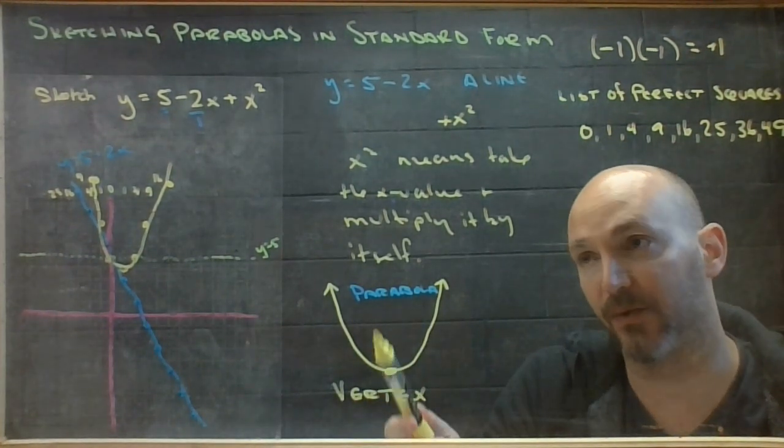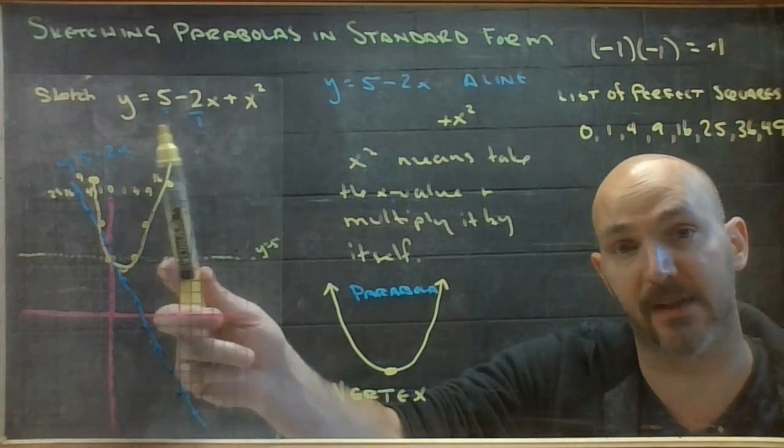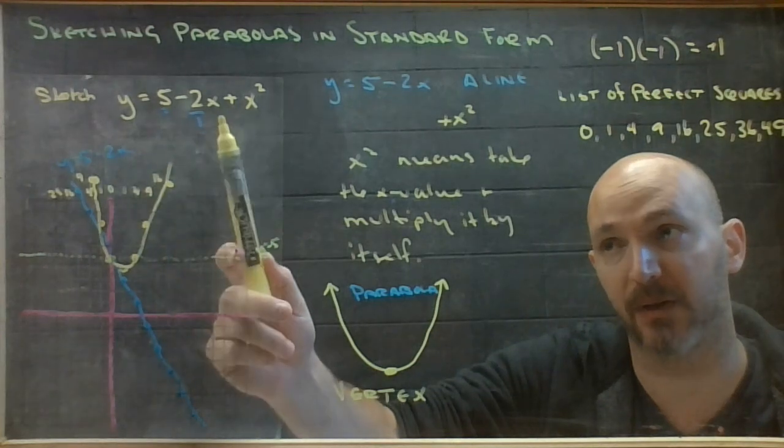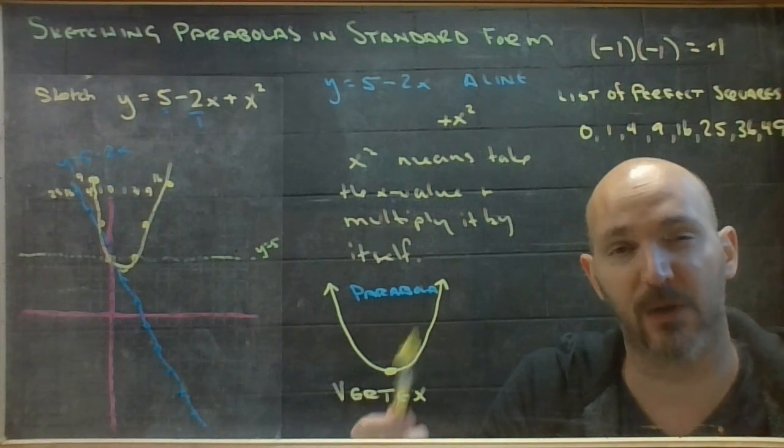So we're going to be drawing a bunch of these parabolas. We're going to start writing them when they're in standard form, right? When they have a number with an x and a number with an x squared. We're going to do a couple more examples.